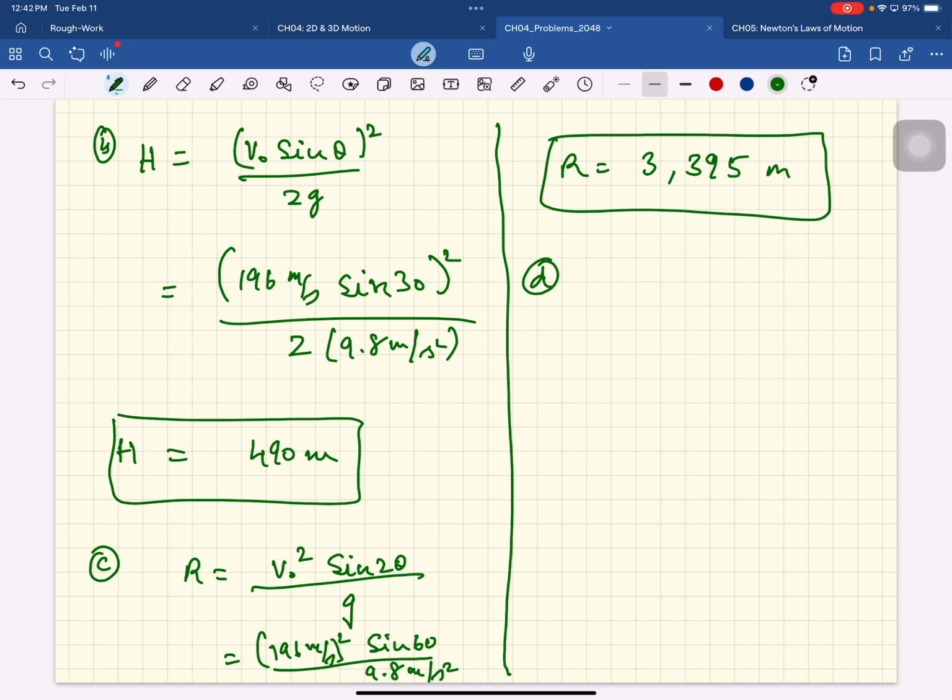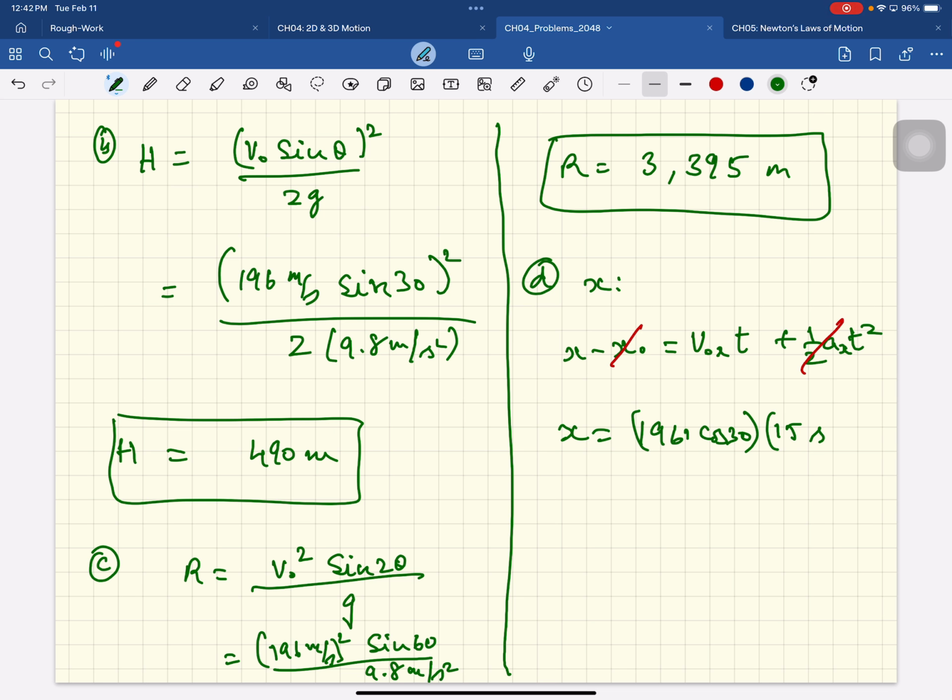So let's look at the x motion first. x minus x naught equals v naught x t plus 1/2 a x t squared. The x component of the acceleration is 0. We start off at the origin. So x is 196 cosine 30 times the time. And what is the time? 15 seconds. So you're finding its location at 15 seconds.